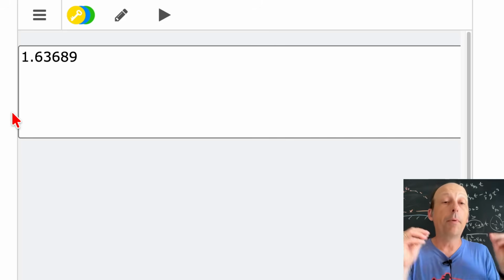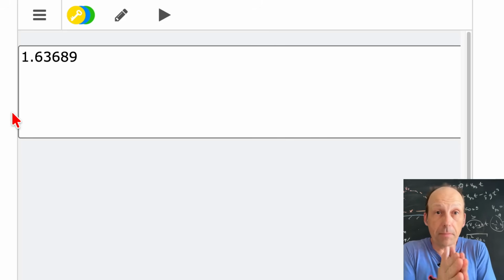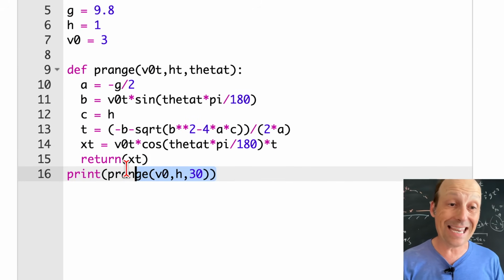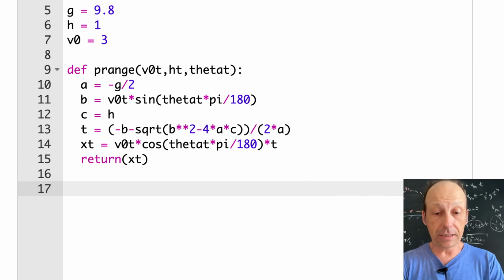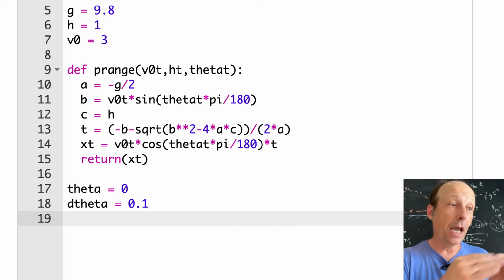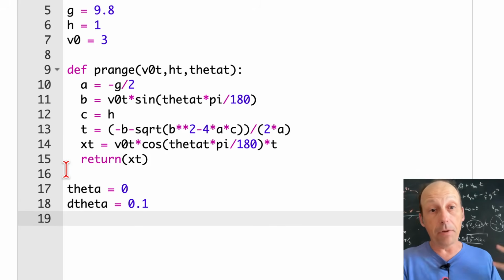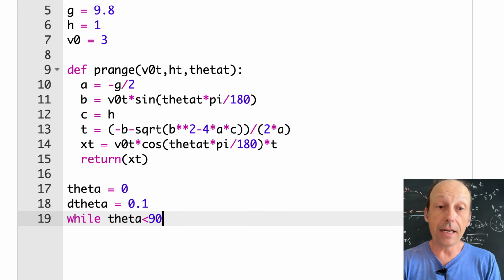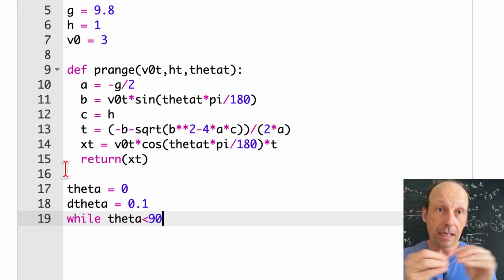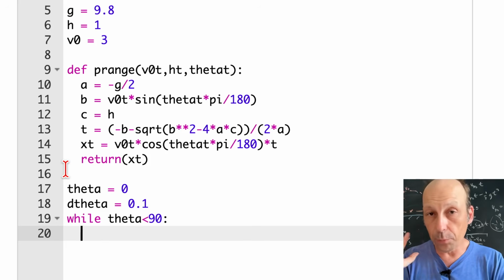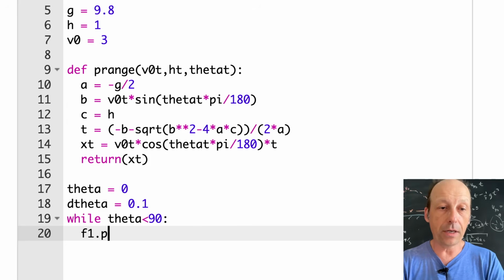Don't know for sure. But what I want to do now is to do the same thing for different angles. So let's make a graph. Now that we have our function, we think it's working. So I'm going to say theta equals 0, d theta equals 0.1. I'm going to keep changing my angle theta and plotting the range. While theta is less than 90, because remember I am using theta in degrees, I can do this all in one fell swoop. f1.plot.